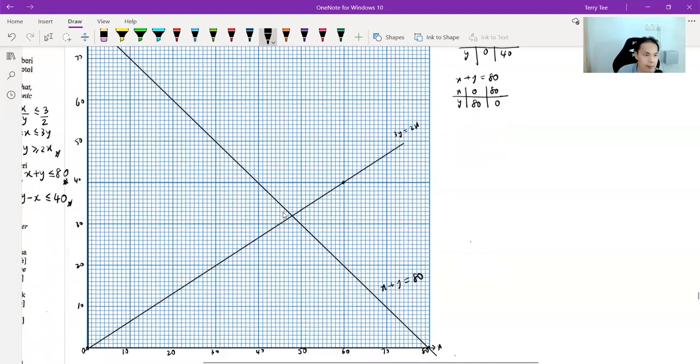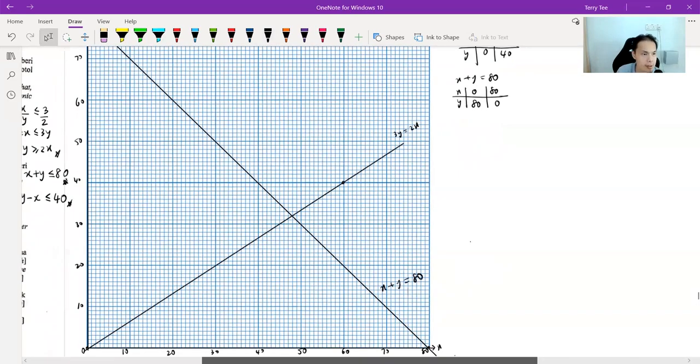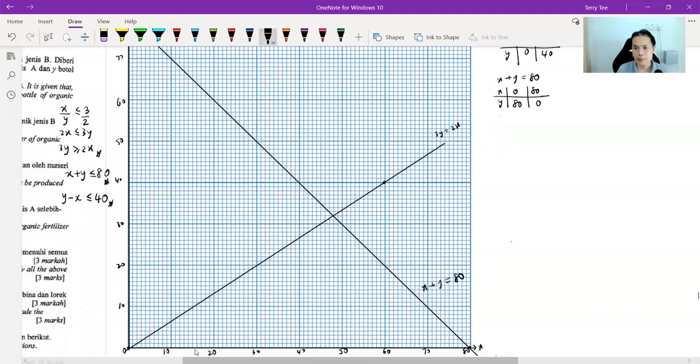Next one, y minus x equals 40. Let's start by taking x as 0, so y will be 40. I can't put y as 0, because then x is negative, so let's pick a value more than 0. Your x value must always be positive here. Maybe I put 40, so x is 40 and y will be 80. You can pick any other number.